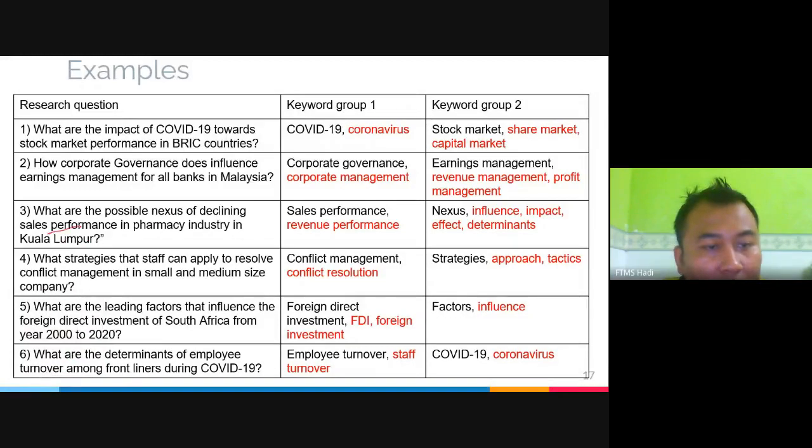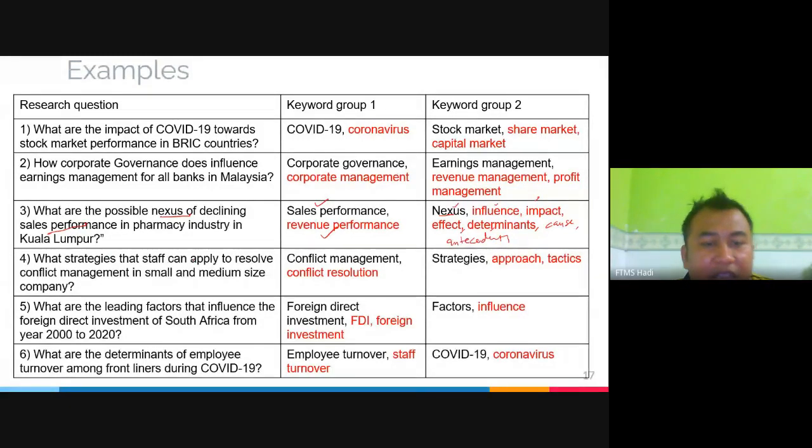Sales performance, and then the nexus. Sales performance, revenue performance. Nexus: influence, impact, effect, determinant, cause also can. Antecedents also can as well. All right, next one.